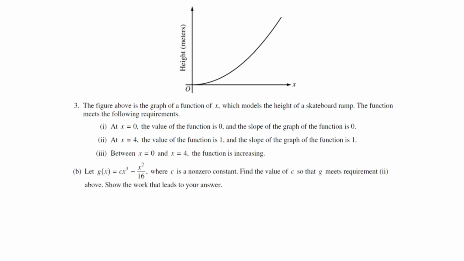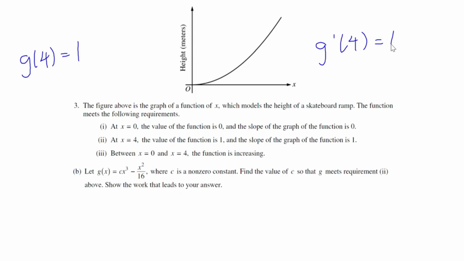In part B, it says, let's let g of x equal cx cubed minus x squared over 16. C is a non-zero constant. Let's find the value of c so that g meets requirement number 2 again. So that means that this time g of 4 needs to equal 1, and g prime of 4 needs to equal 1.